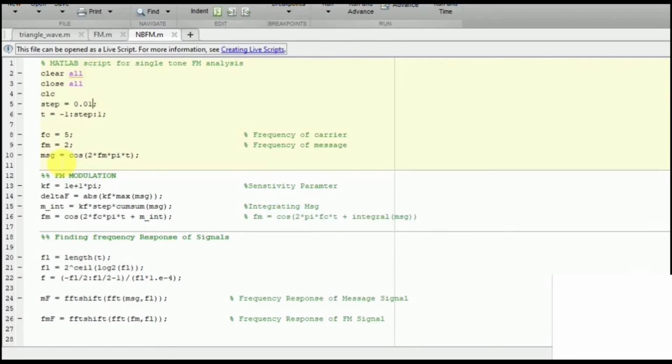The message signal is a single tone, cos(2 pi t), and then I have some parameters of FM modulation, starting with the sensitivity parameter kf. Let me start with a smaller value, 0.1 times pi, so that the overall value is small. Delta f is the absolute value of kf times the maximum of the message signal.